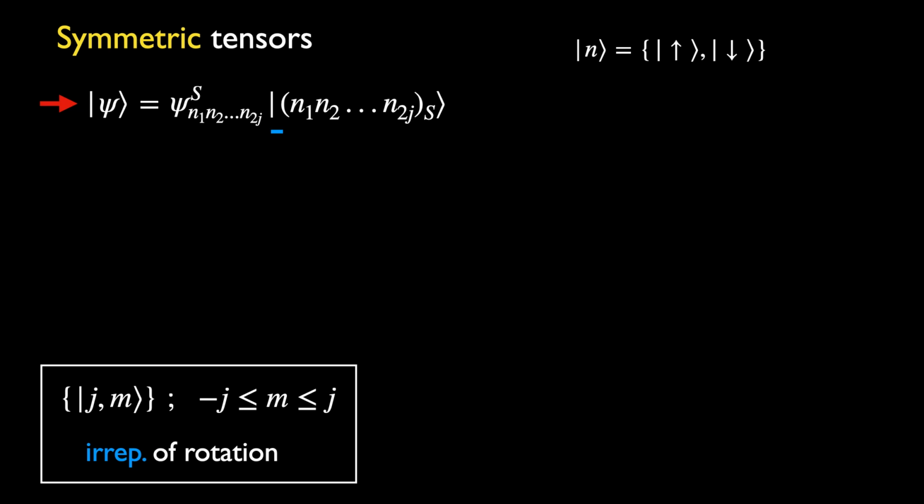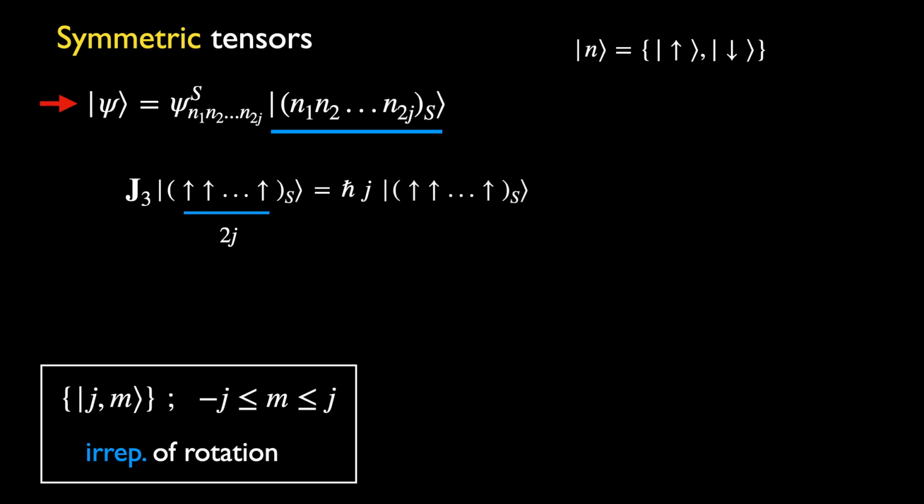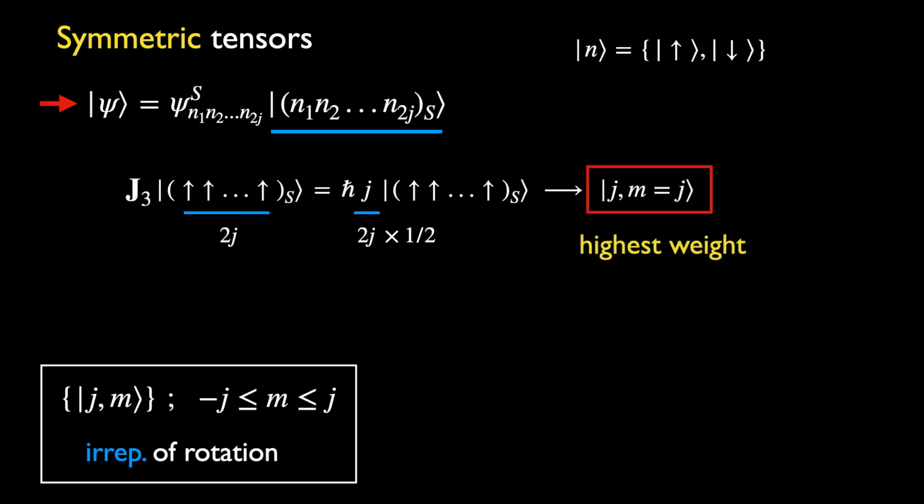Let's look at the symmetric basis in detail, specifically the state with all spin up. J3 of this state is just the sum of 2j spin ups. This is just h bar times j. Exactly the quantum number for the highest weight state in the j-multiplet.